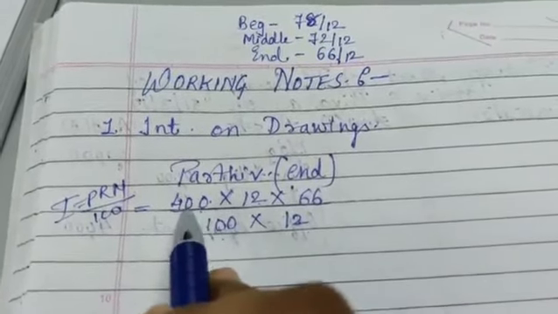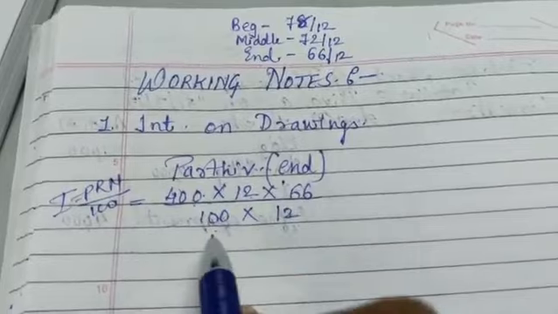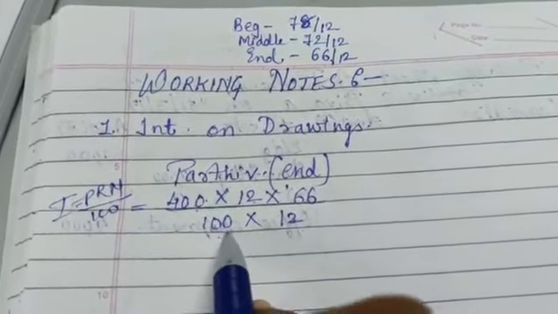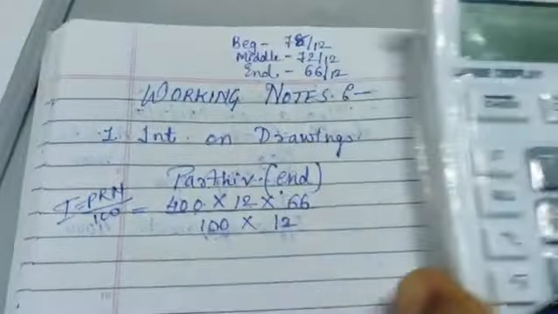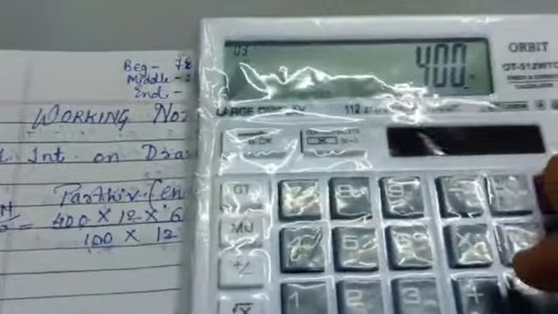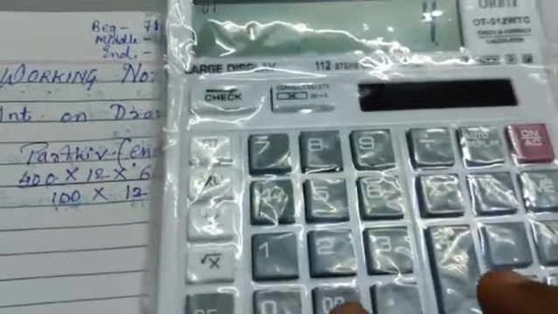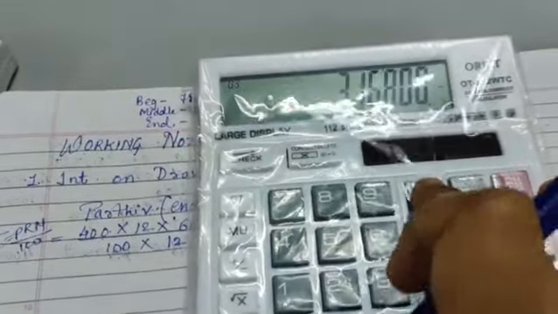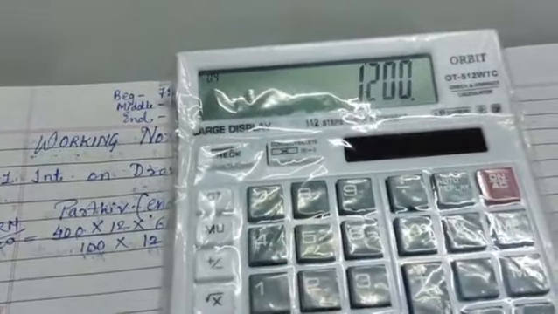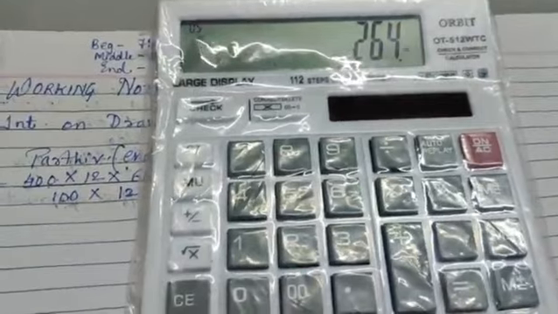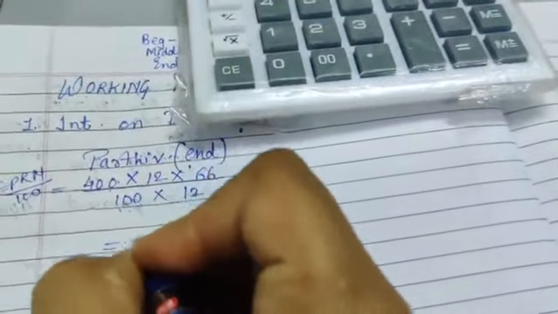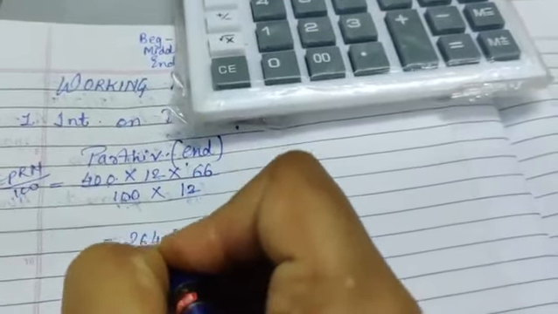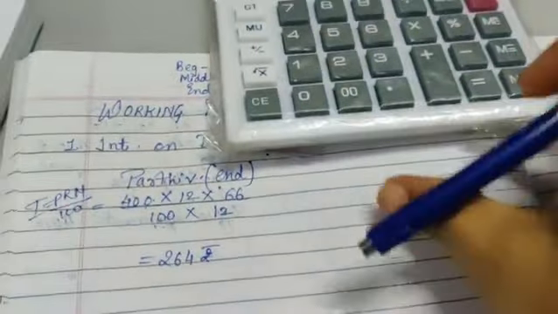Now what you will be calculating: 400 into 12 into 66, divided by 1200. Please divide it by 1200. Directly also we can get it, but do it on the calculator. So you will be getting 264. So here 264 rupees we are getting as interest on drawings for Parthiv.